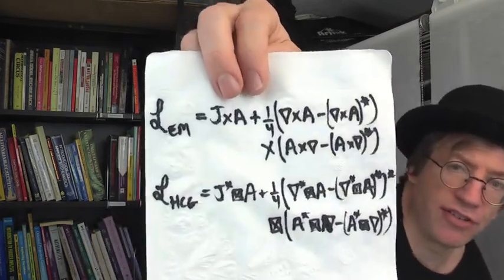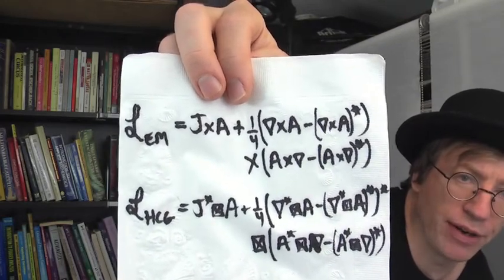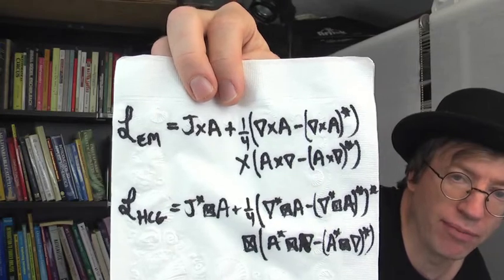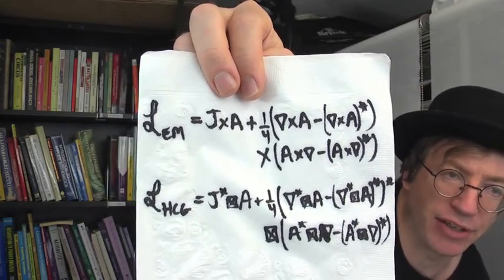So it's easy enough for me to follow in the footsteps of failure, and the way I would do that is by taking two Lagrange densities that have showed up in this series. The one for EM, written in the quaternion form, but when you write it down into its components is exactly the same as the standard one.